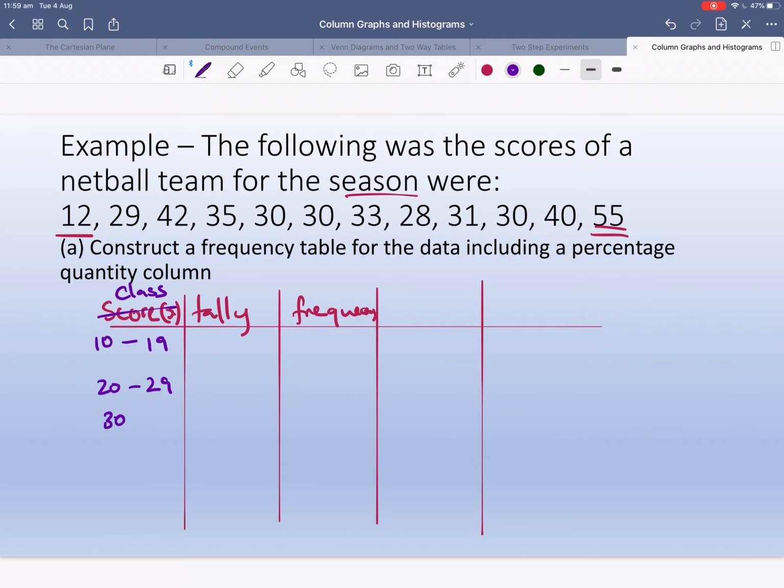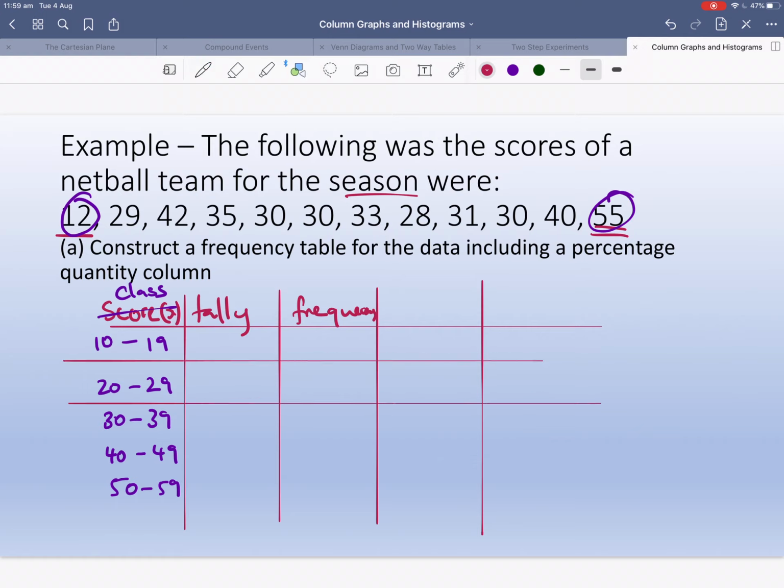The next one will be 30 to 39. So I'm doing classes of 10. Then I'll be 40 to 49, and then 50 to 59. Now what this does, it covers me from 12 to 55 quite easily. I'm going to put these lines just to keep us honest, all right?